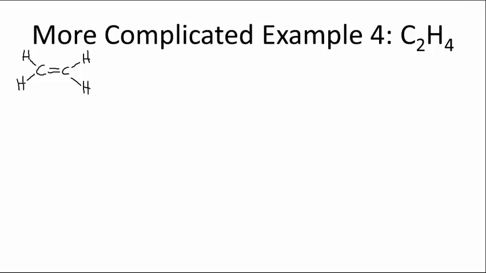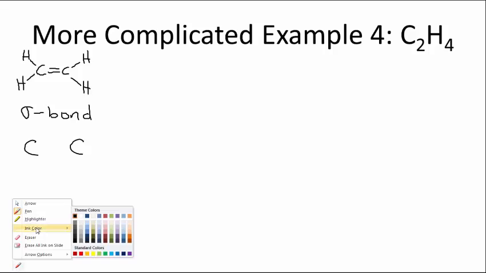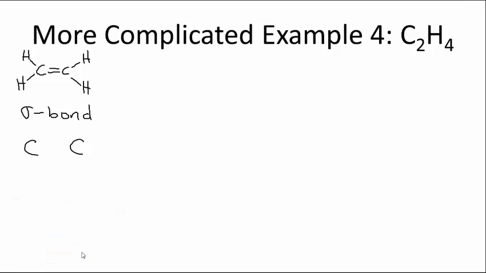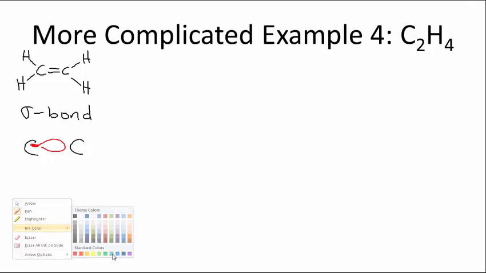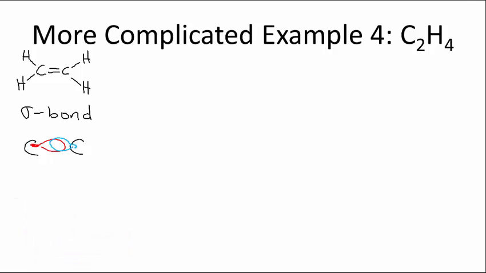So remember, if we were to draw what the sigma bond looks like between the two carbons, we have one carbon and the other carbon, and each one, in this case, is going to contribute what kind of orbital to the sigma bond? An sp2 orbital. So I'd have an sp2 orbital from this carbon and an sp2 orbital from the other carbon, and they'd overlap.